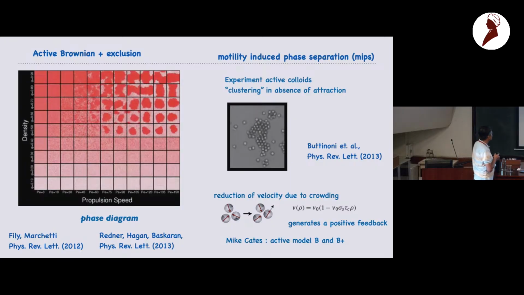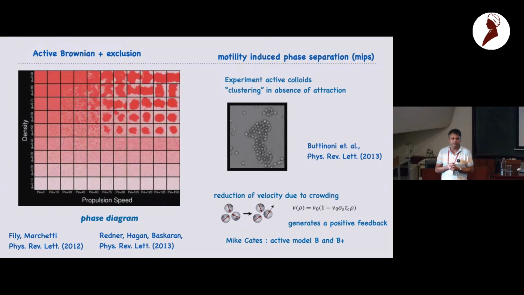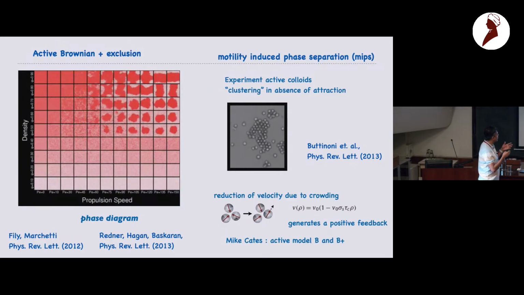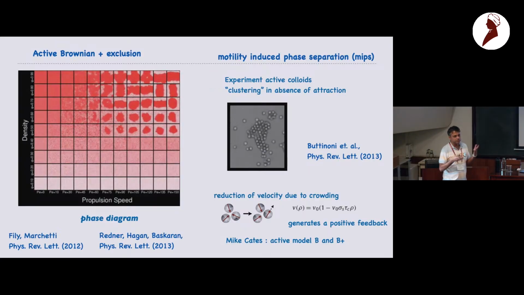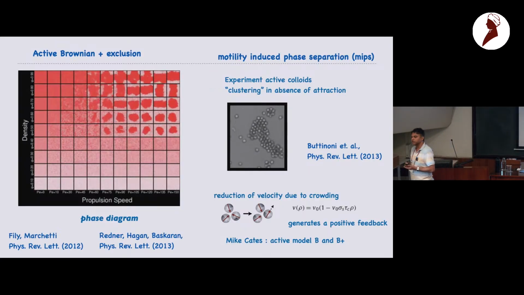What happens is that if you have these active persistent movers with self-avoidance, with exclusion interaction between them, then if the active self-propulsion speed is high enough and the density is high enough, they can come together and make local clusters. These local clusters generate high density and low density regions, a coexistence of these two, in the absence of any attractive interaction.